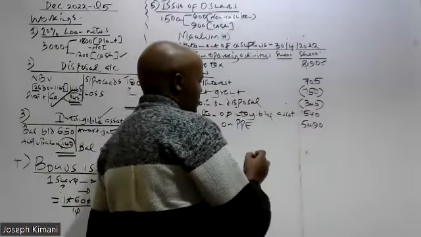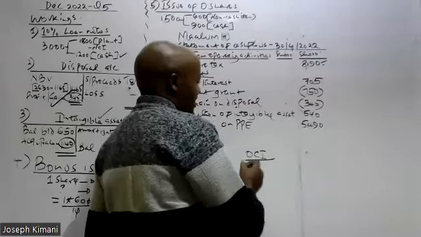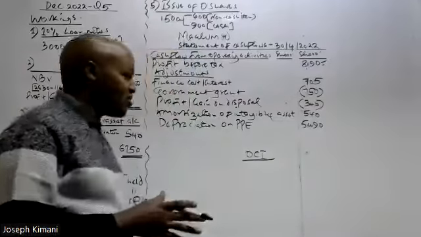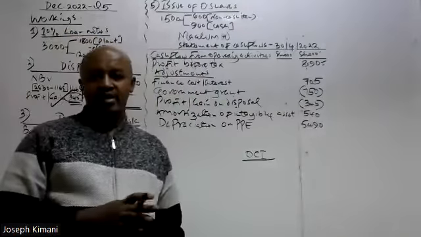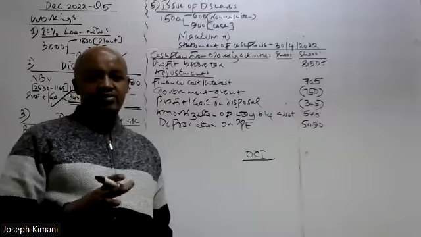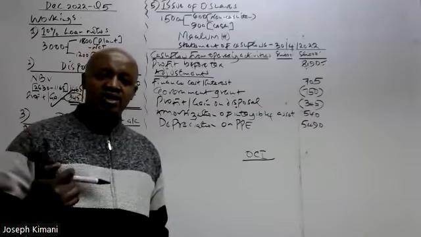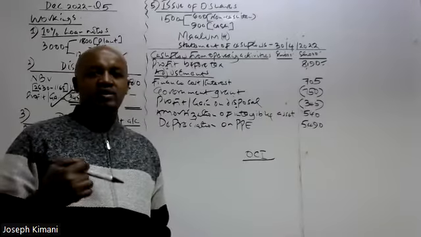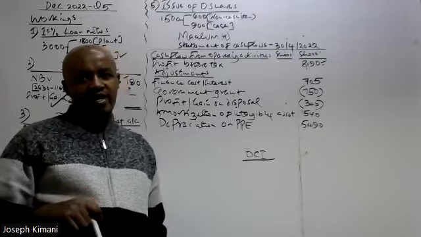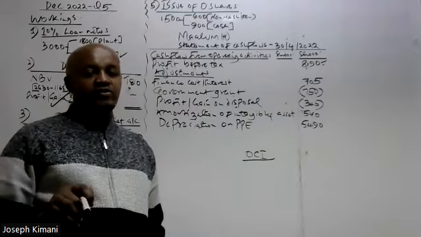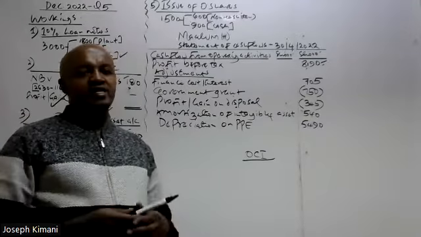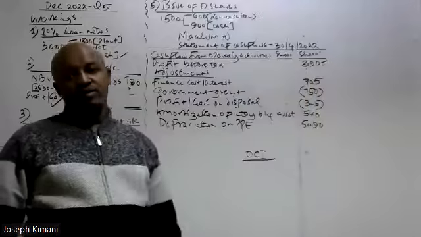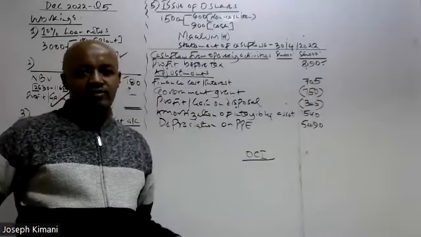Gain on property devaluation, we said that that is OCI, other comprehensive income. We said these are other items of income which are not supposed to be included in the profit for the year. So that gain, we know first of all is a non-cash item, but it is not included in our profit there. So you don't need to adjust it in your profit.